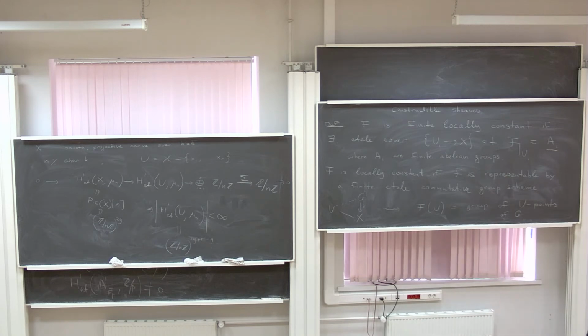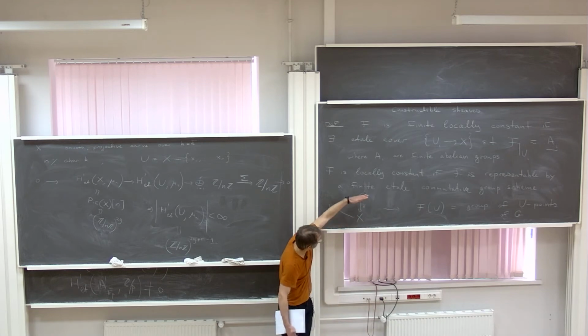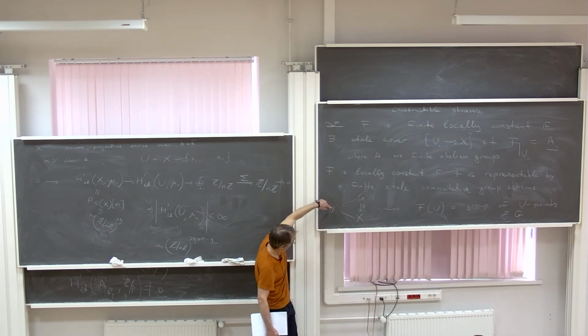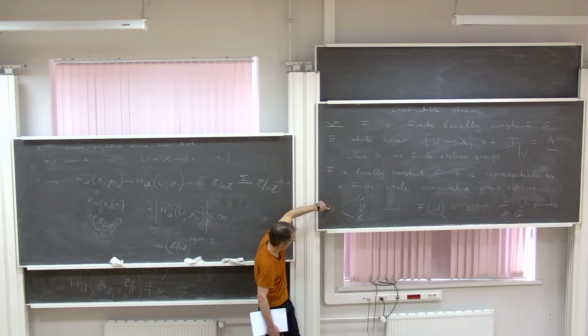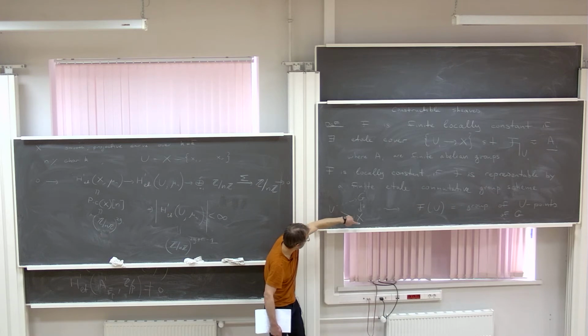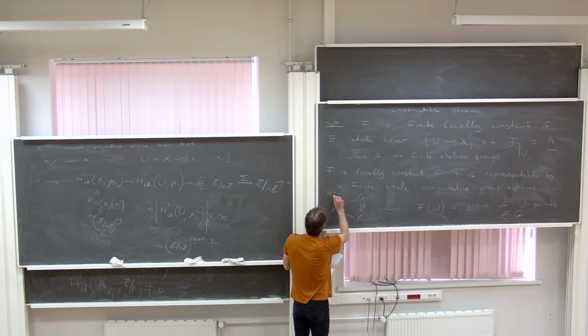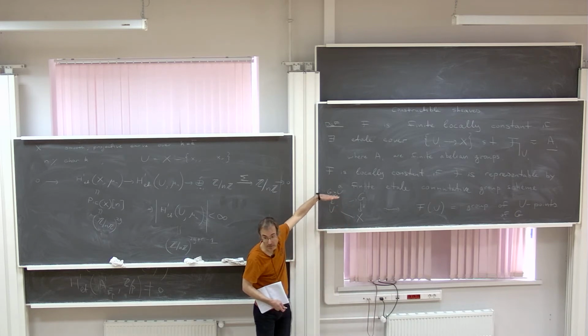So clearly, this sheaf is locally constant. Namely, we discussed this last time, that for any finite étale morphism, I can construct a finite étale morphism U to X such that the pullback G times U over X is a split cover.